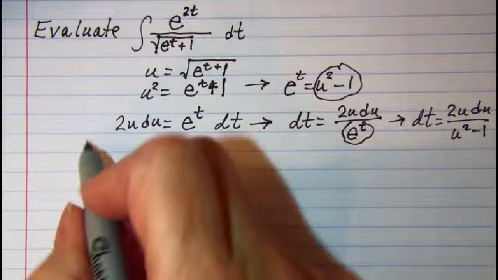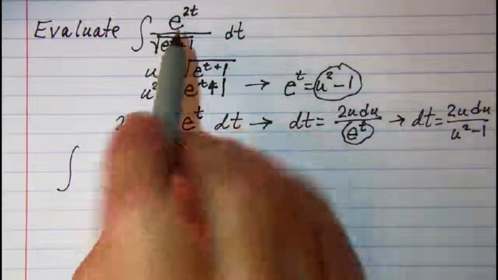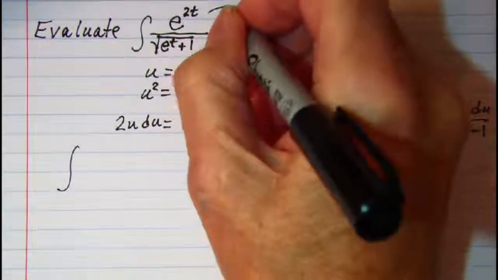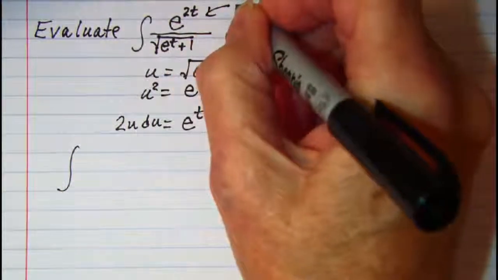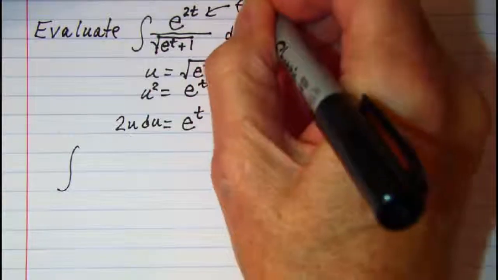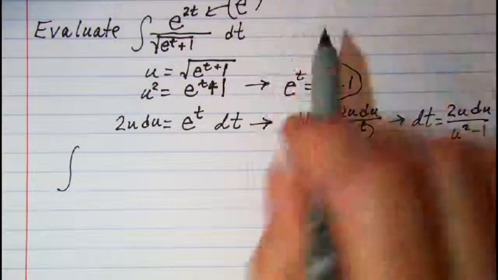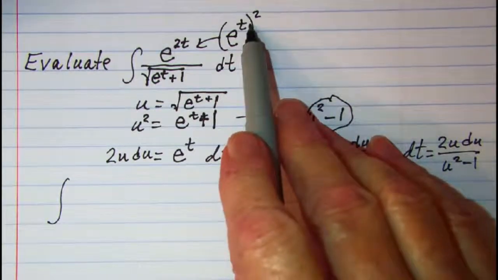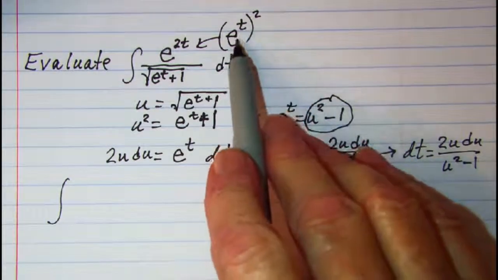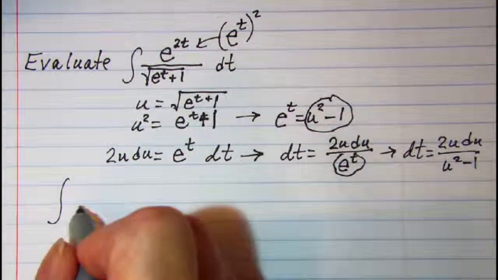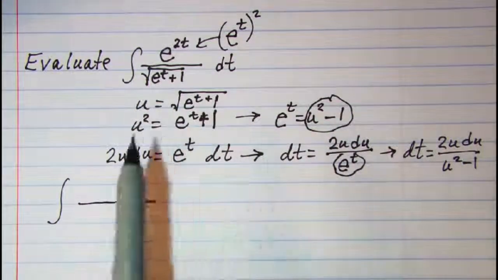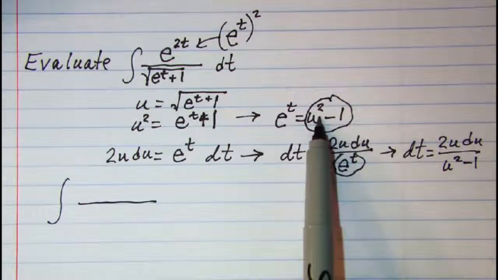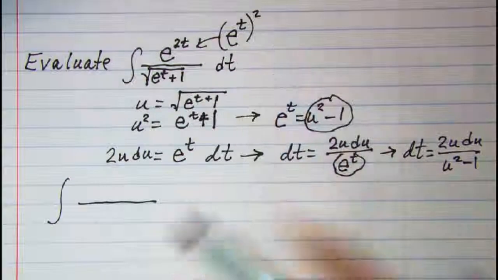Now I'm ready to sub in. So my integral, in the numerator, I have, by the way, this is the same as e to the t squared because remember you multiply the exponents when you have a power to a power. So my numerator on my integral, e to the t is u squared minus 1, and then that's getting squared.